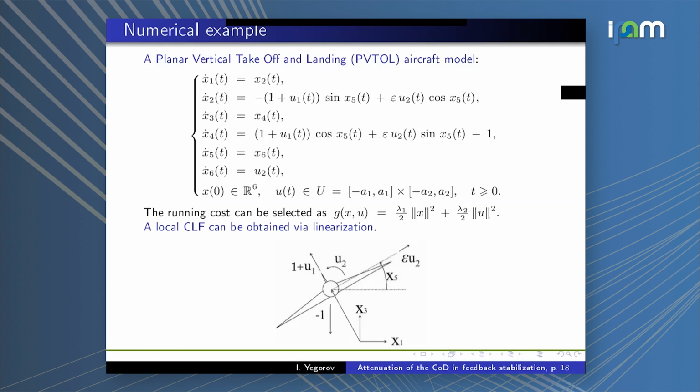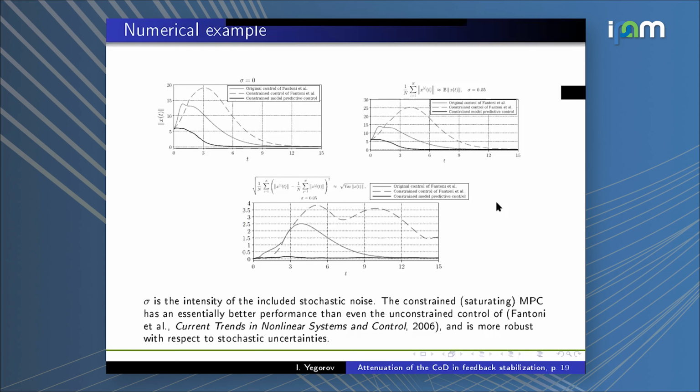So we take this as a target set, and then we state the optimal control problem outside the set with the corresponding target set. Also, we used certain high-dimensional interpolation techniques for the design of global strategies.